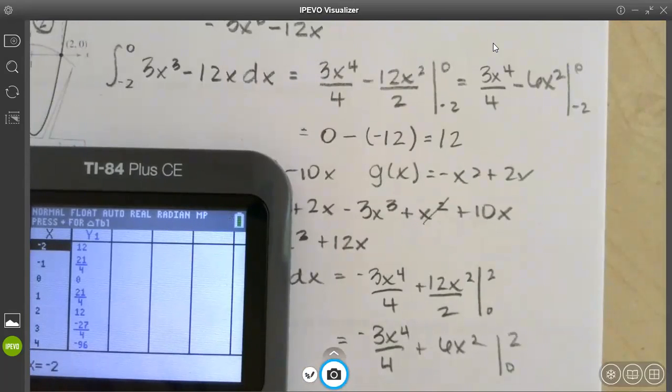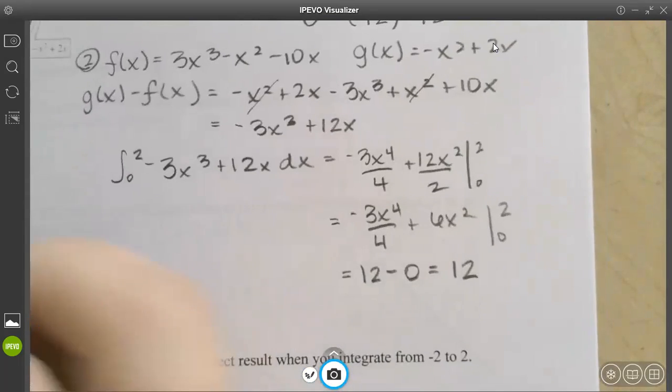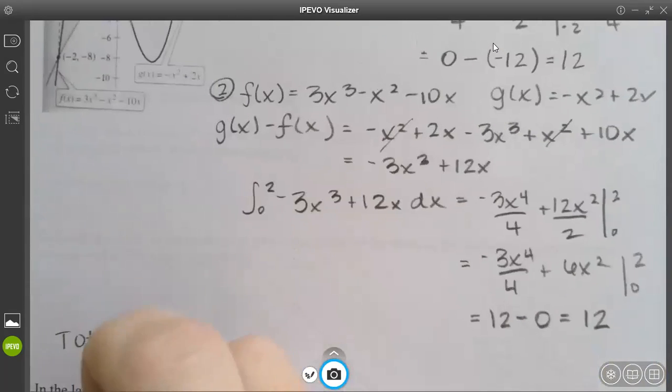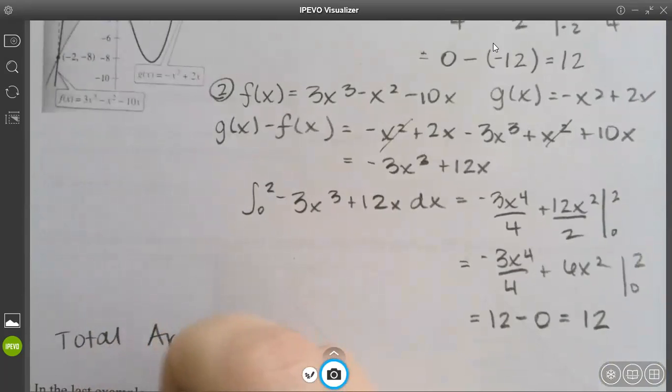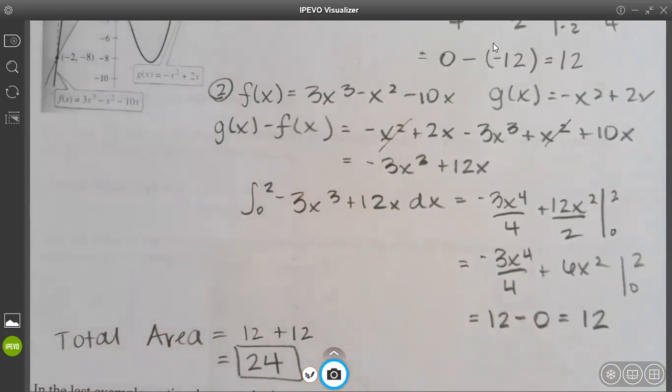Which one do I put first? The 2. So what was it, 2? 12. Minus, what's my value at 0? Which gives me, how do I find the total area? So total area equals 12 plus 12, or 24.